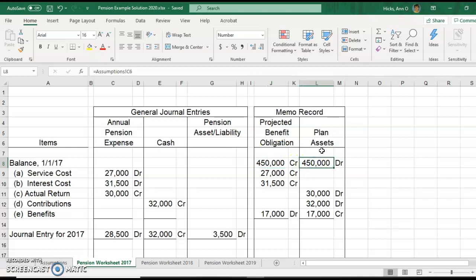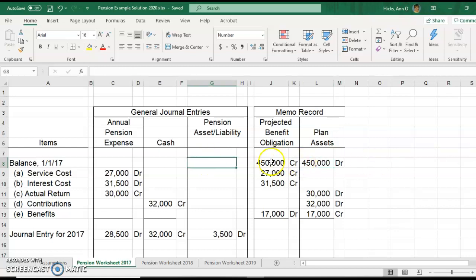You have plan assets, which will be used to pay those employees. Theoretically, at any point in time, those should be equal. In other words, we should have enough plan assets to pay our obligation. In truth, for most companies, they're rarely equal.